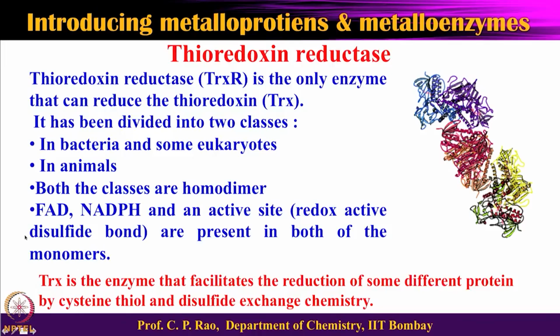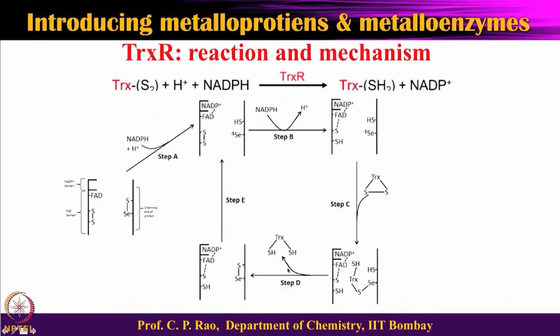The cofactor NADPH at the end is coupled with the FAD, which in turn will couple with the center. So, FAD, NADPH and an active site redox active disulfide are present in both the monomers. These are all dimers, and all these dimers function very well. Both the dimers will have a catalytic species.